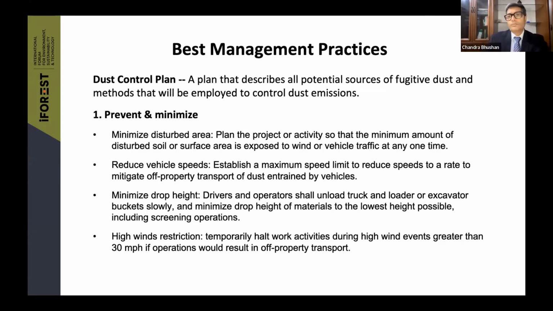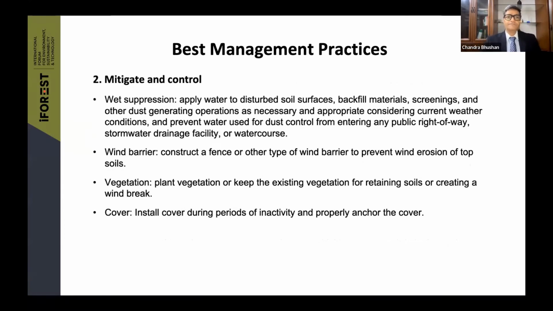And then you must not do construction in high wind seasons. If the wind speed is more than 30 miles per hour, which is about 45 kilometers per hour, at those times, everything should be shut down, and loose material should be covered if you want to avoid dust. So these are some of the principles that can be used for dust control management.